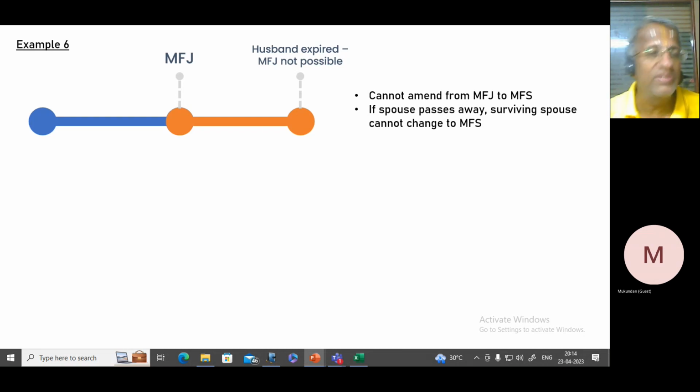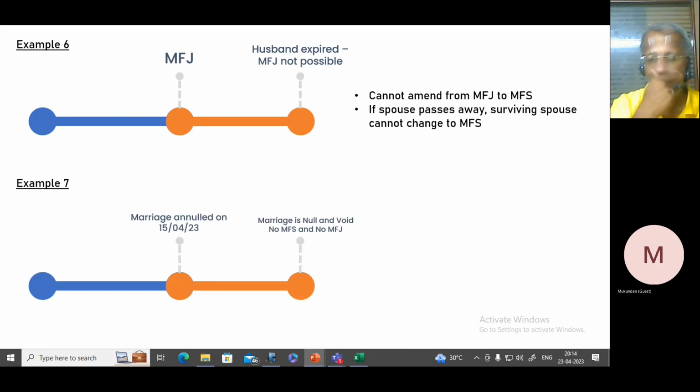That is what this example number 6 is about. Husband expired, and in the year of demise, MFJ was possible. Later on, can the lady, the surviving spouse, change the status? Cannot amend from MFJ to MFS. If a spouse passes away, the surviving spouse cannot change to MFS.